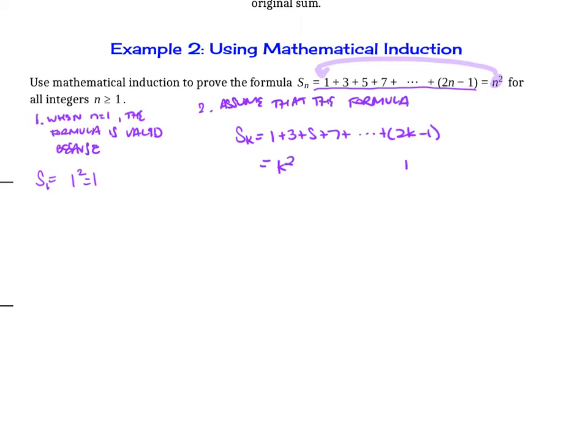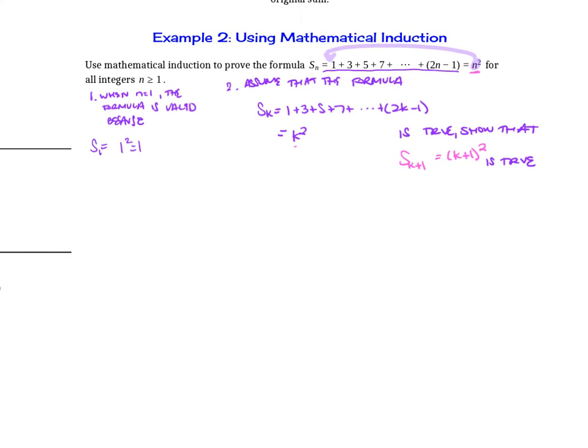We assume that formula is true, so we need to show that s sub k plus 1, plugged into this value here, is k plus 1 squared. We want to prove that that is true.